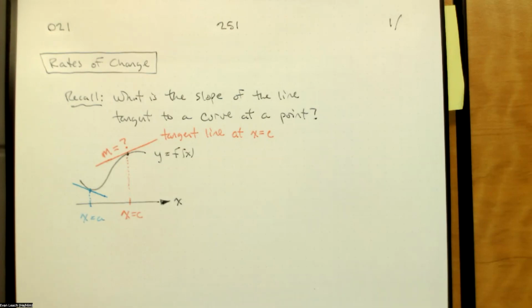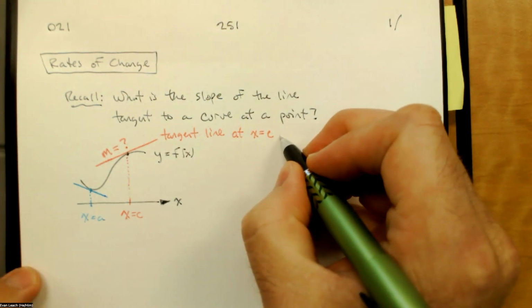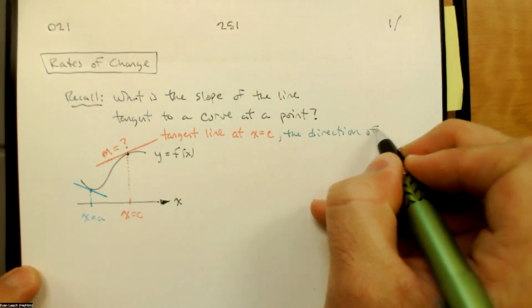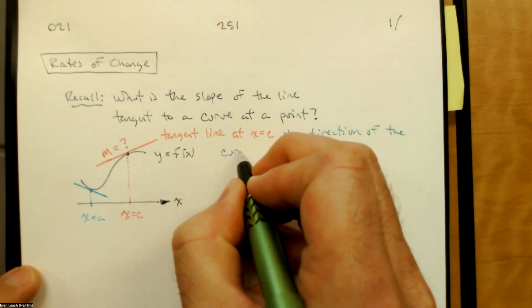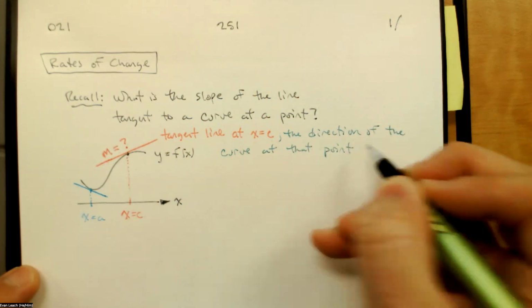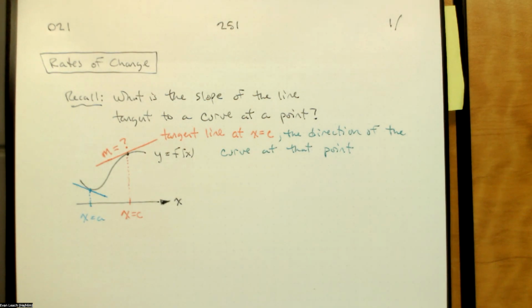So think visually of what's going on. The tangent line just skims across the surface. What we want to think of in terms of the tangent line is that it represents the direction that the curve is going at that moment. We can think of this slope as the direction of the curve at that point.